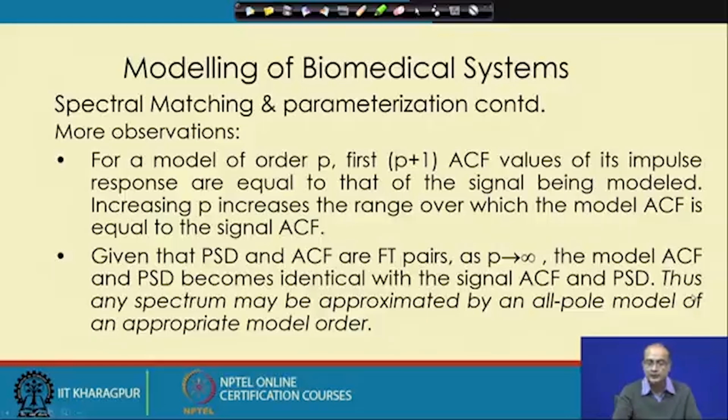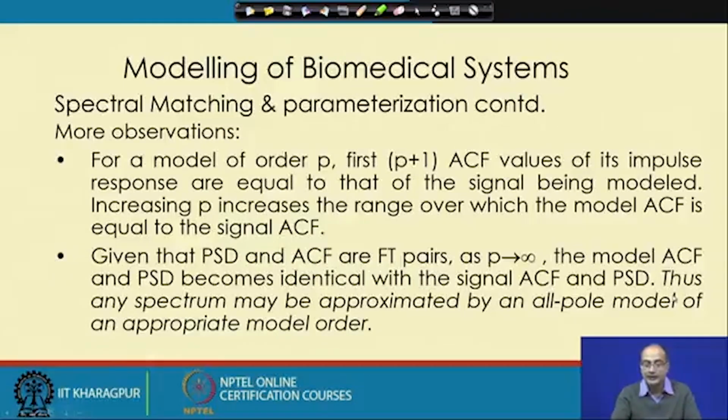The simple reason is that we are making use of more and more lags of the ACF with the increase in the model order. So, we get an identical matching between them.